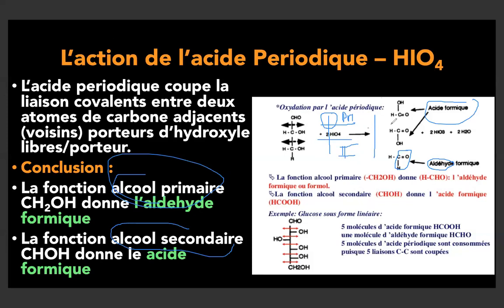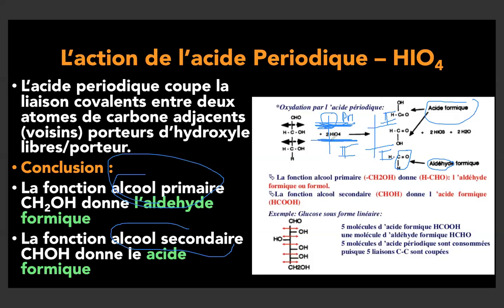You can also have this type of orientation where you have the secondary alcohol on top, like that, and the primary alcohol below. So what acid periodic does is just cut these molecules in two distinct parts.